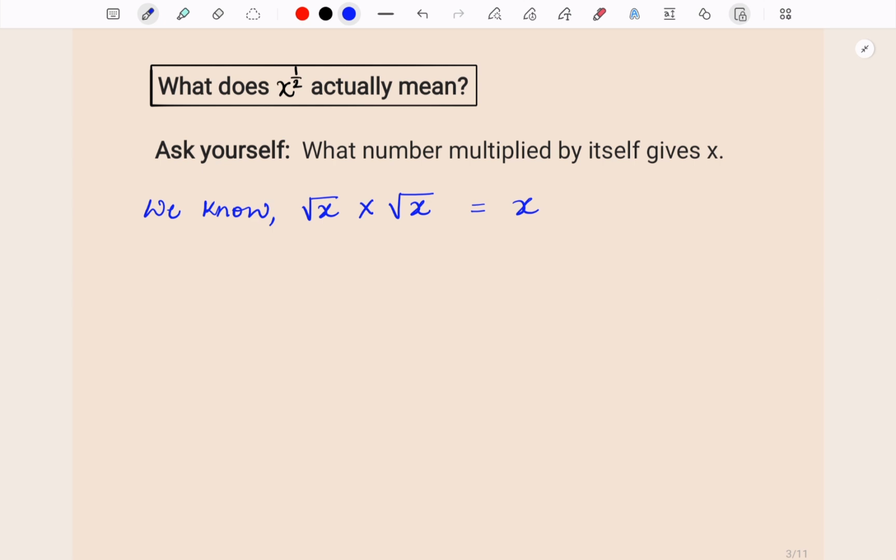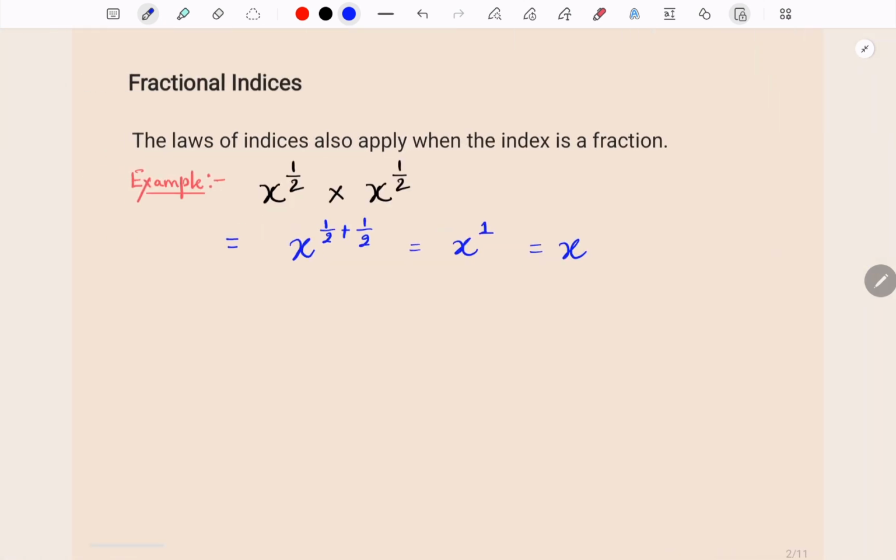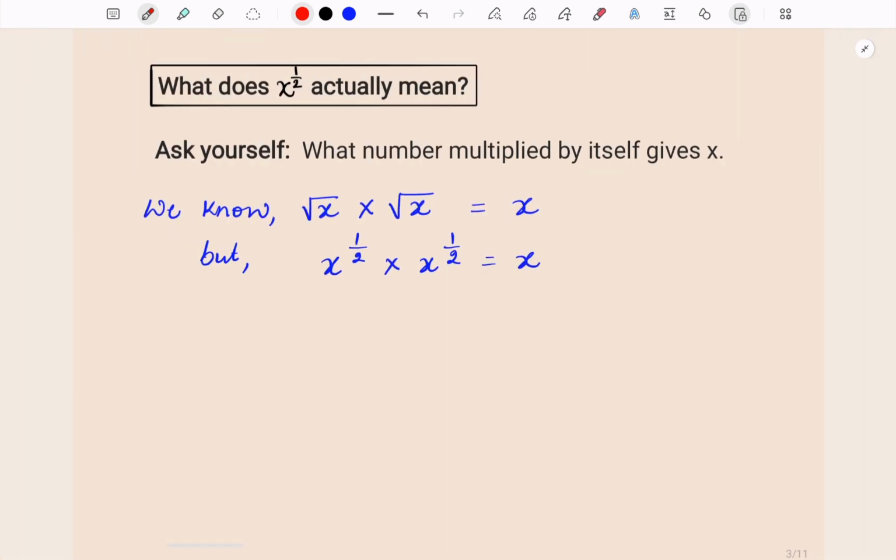But from the previous example, we saw that when we multiply x raised to the power 1 over 2 with itself, we also get an x. So it means that this x raised to the power 1 over 2 is nothing but square root of x.